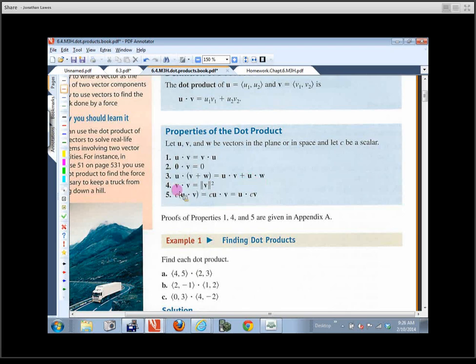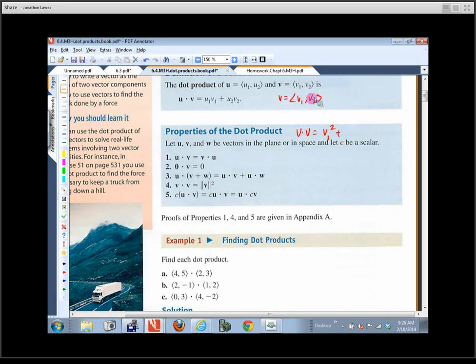If I find the dot product of a vector with itself, I end up with the magnitude squared. Now let's stop and think about why that would be. So if I had a copy of vector v, and I found v dot v, I'd take the two of those and multiply them together. So that would be v1 times v1, or v1 squared.